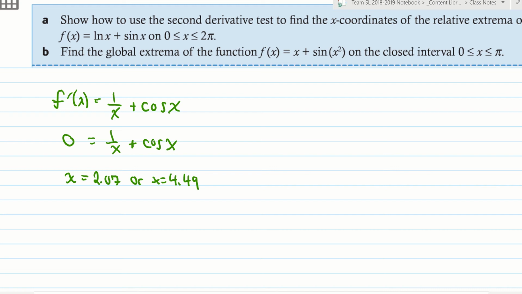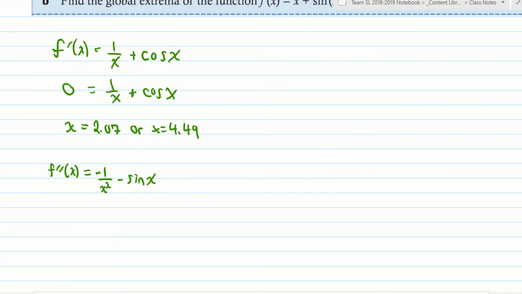So let's go ahead and do that. F double derivative of x, the derivative of 1 over x, turns out to be, I'm going to do it quickly, negative 1 over x squared minus sine of x. That's our second derivative. And now what do we need to do?